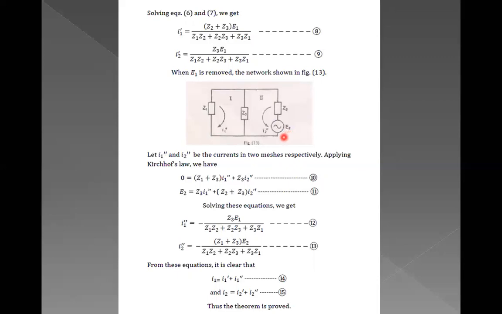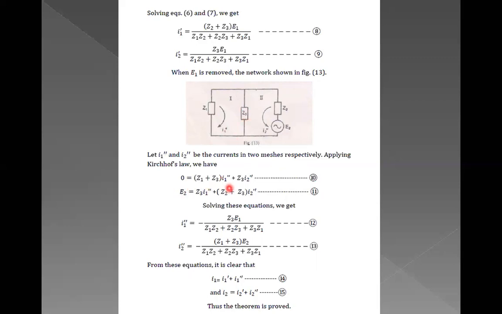Now apply Kirchhoff's voltage law again to mesh 1 and mesh 2. What is the equation? Here there is no source, so 0 should be equal to I1 double dash into Z1 plus the current flowing through the common branch, which is I1 double dash plus I2 double dash, into Z3.